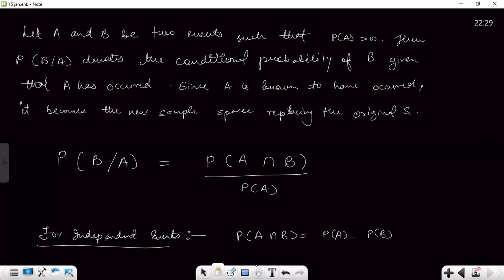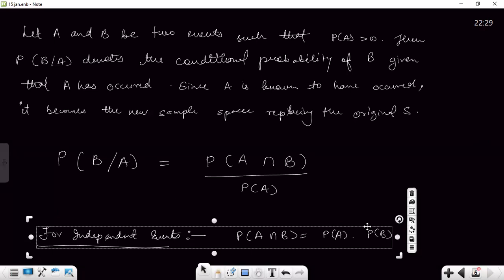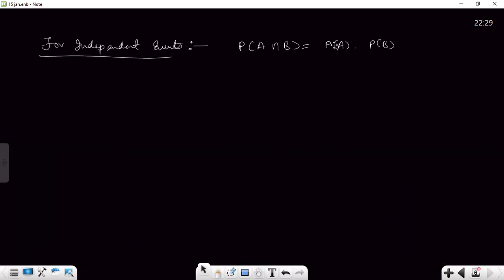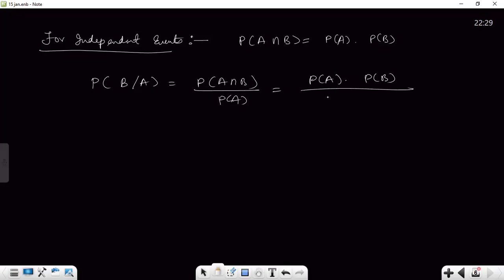If that is so, then we may write, for independent events, that the probability of event B given A has taken place will be the probability of A intersection B divided by the probability of A, as per the formula. Probability of A intersection B is what? P of A into P of B in the case of independent events.